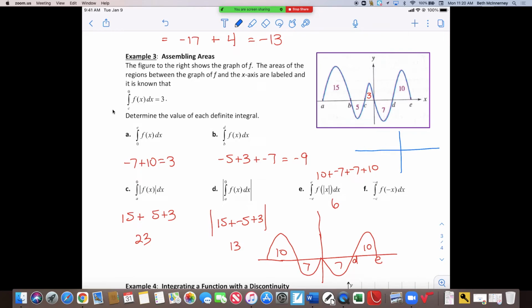Let me try that again. If I'm doing this about the origin, it's going to go like this. There we go. That's terrible, but here's my negative c to negative a.